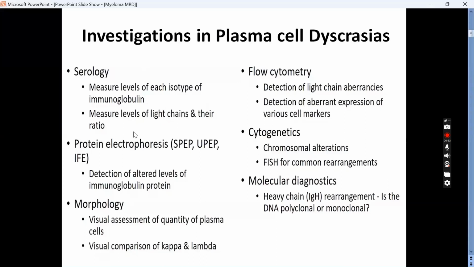But when you start treatment, the number of plasma cells decreases, and you want to monitor the disease, not all these investigations will help you. Definitely morphology will not be of any use. It does not mean that if you have not seen plasma cells in morphology, the myeloma is in complete response. No, it can't be.